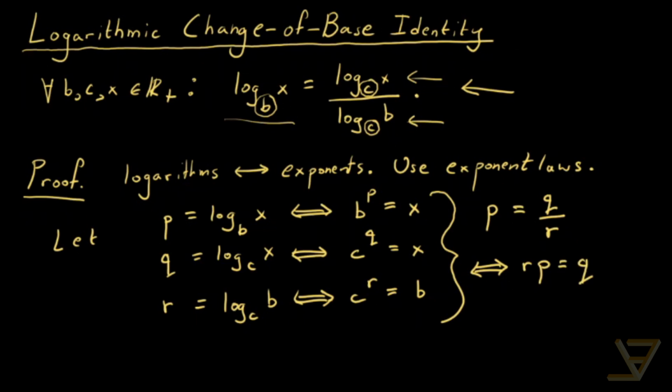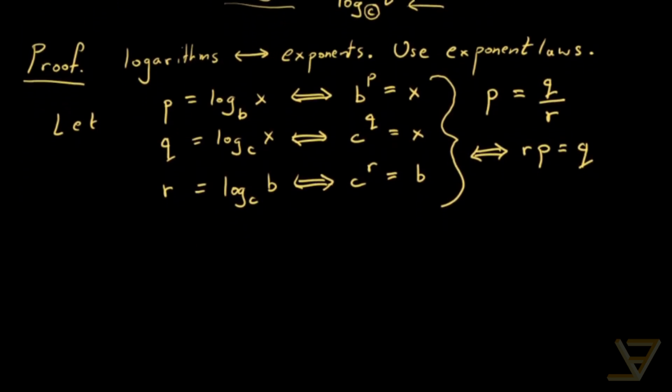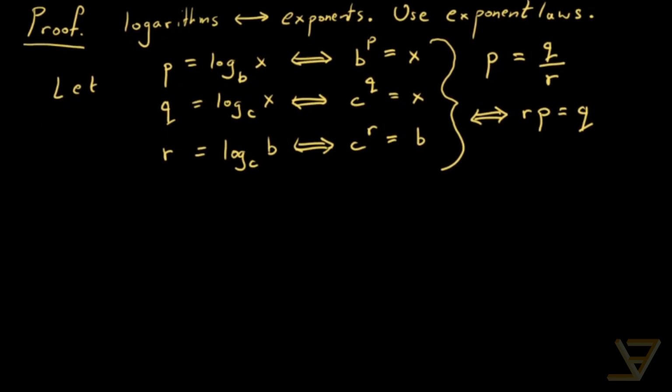So let's go ahead and try proving that. There's a trick that we're going to use, and the trick is to look at the following expression, which is c to the rp, and you'll see in just a moment why it's so useful to consider this particular expression. c to the rp using exponent laws is equal to c to the r, to the p.